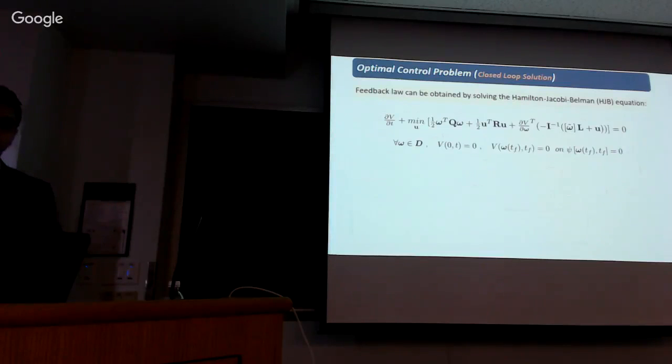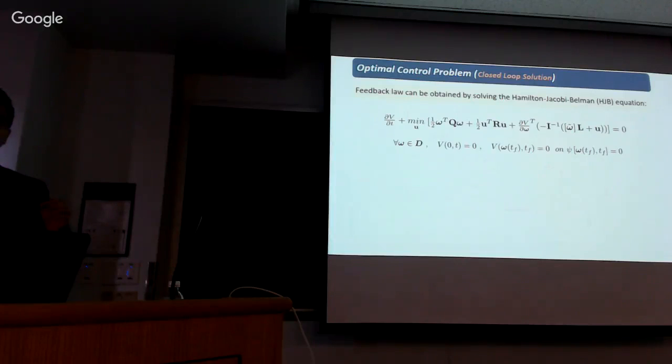In the closed loop solution, you have to solve the HJB equation. Here is the HJB equation, and we have two boundary conditions for this equation. The first boundary condition is that the value function should be 0 at the equilibrium point, that generally is 0, and the value function at the final time should be 0 and satisfy the terminal constraint.